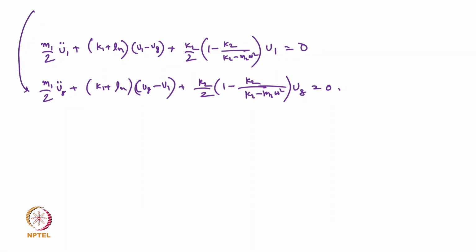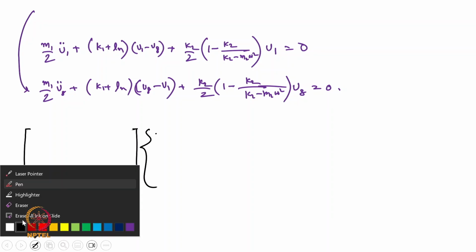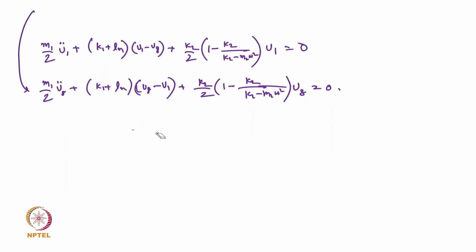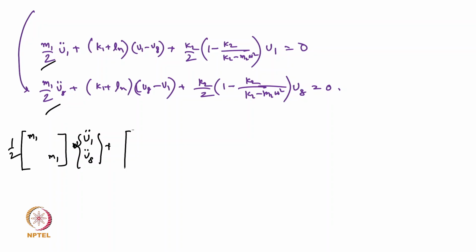So now once we have those two equations, can I write them in the matrix form? m1 by 2 times u1 double dot, u8 double dot, so these two terms consumed, plus (k1 plus ln), and if I try to simplify this term, let's see how it comes. k2 by 2 into (k2 minus m2 omega square) minus k2 divided by (k2 minus m2 omega square).